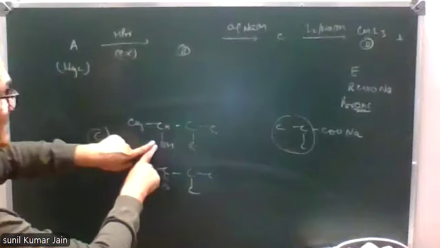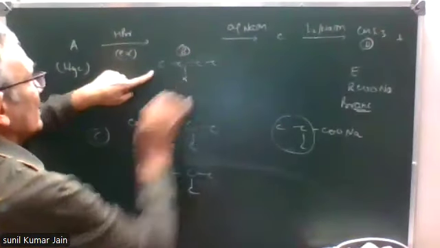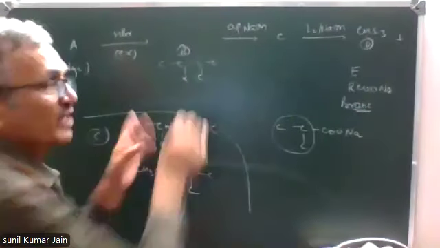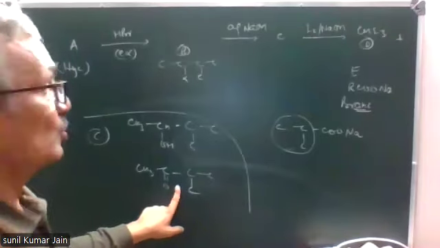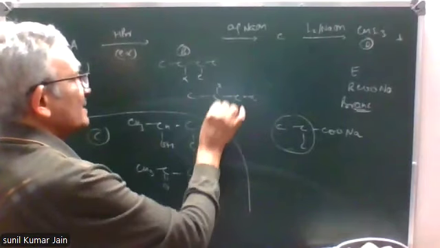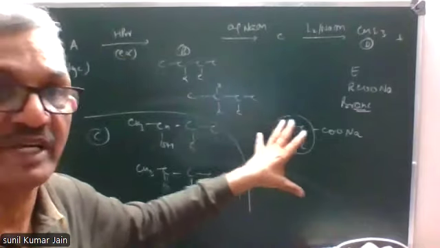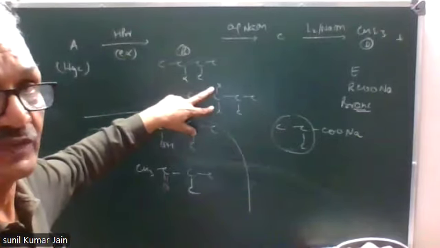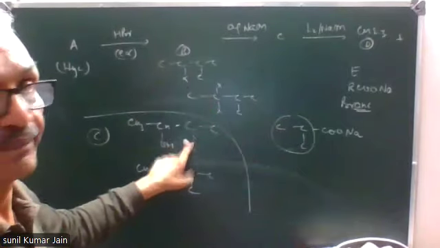Now, if C is this, then B should be an alkyl halide with the same set of carbon atoms. If C is a ketone, then B should be a geminal dihalide with the same arrangement of carbon atoms, because a geminal dihalide with aqueous NaOH will give a ketone and a monohalide will give an alcohol.